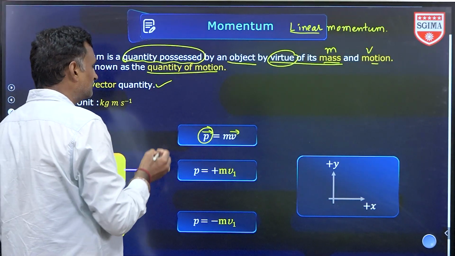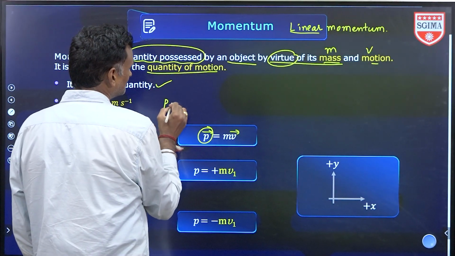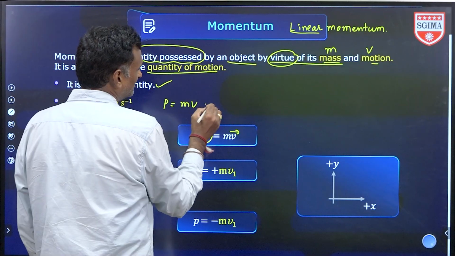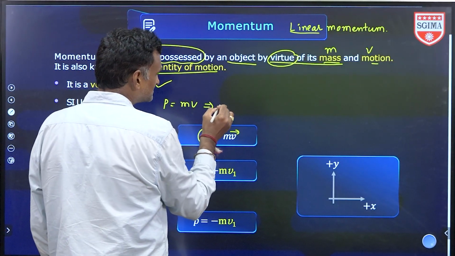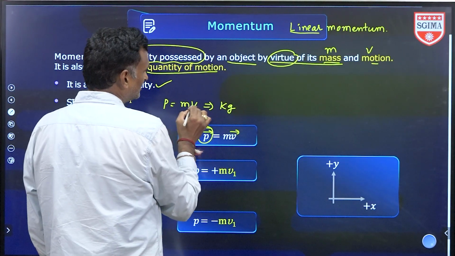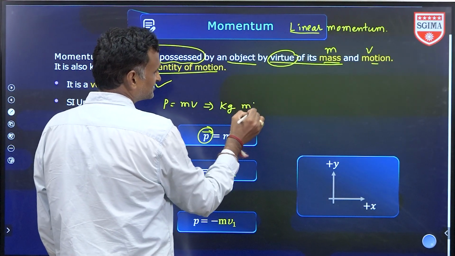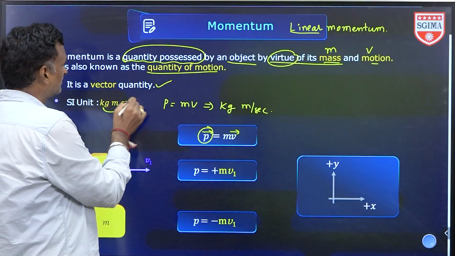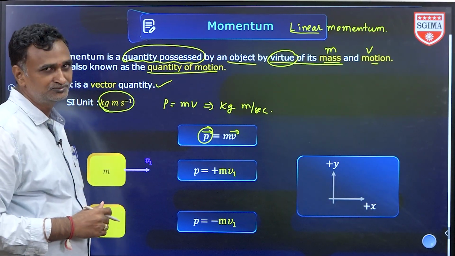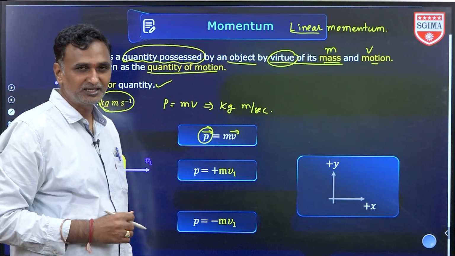Now let us derive the units from P equals m into v. Mass is measured in kg and velocity is measured in meter per second. So you get the same unit, kg meter per second.